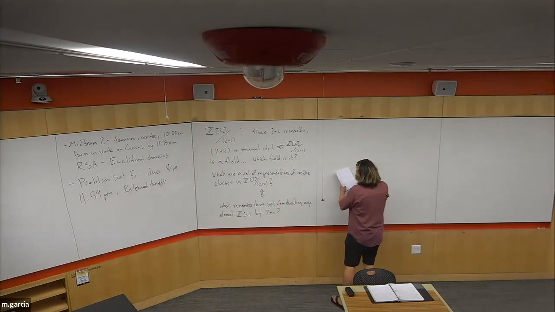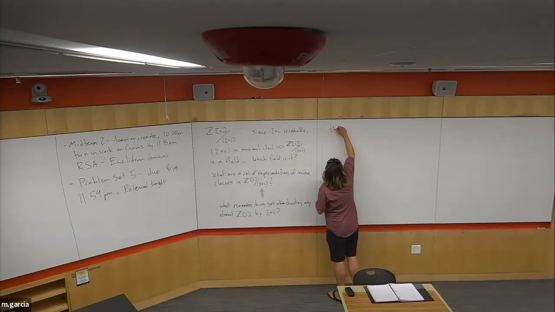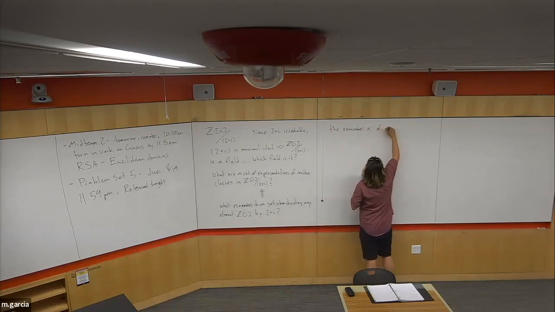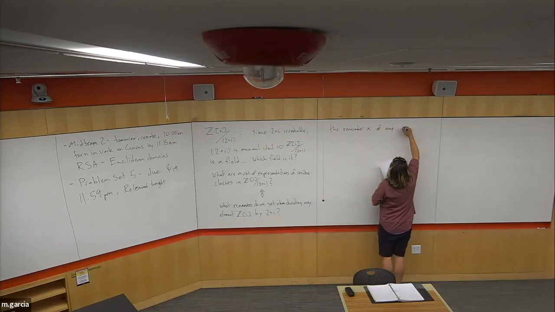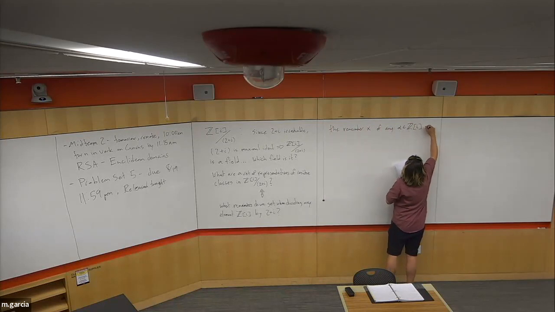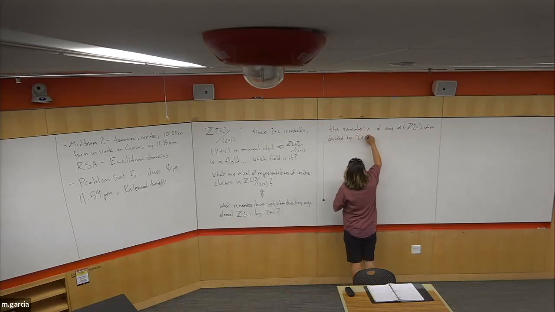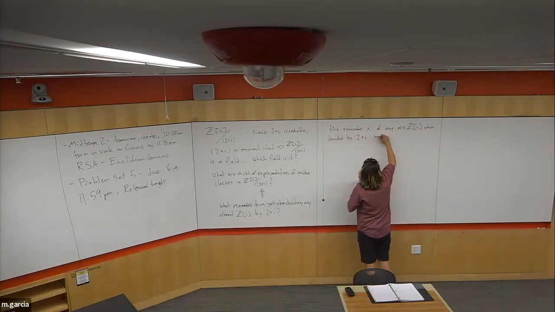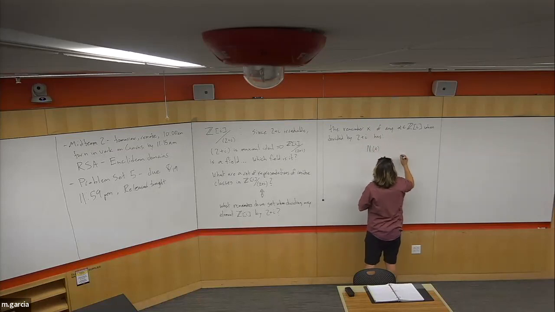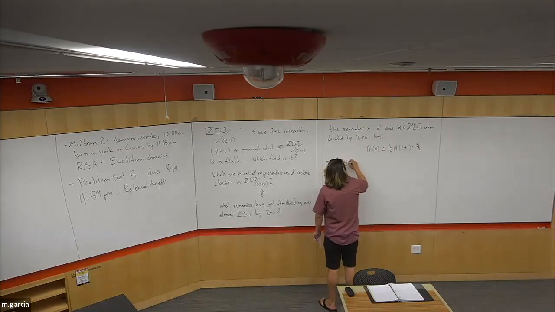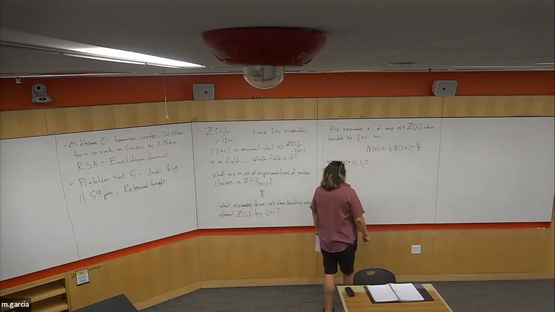So yesterday we deduced that the remainder x of any, let's say, alpha in Z adjoin i when divided by 2 plus i has the following: the norm of x is less than or equal to 1/2, which implies that the norm of the remainder has to be 0, 1, or 2.